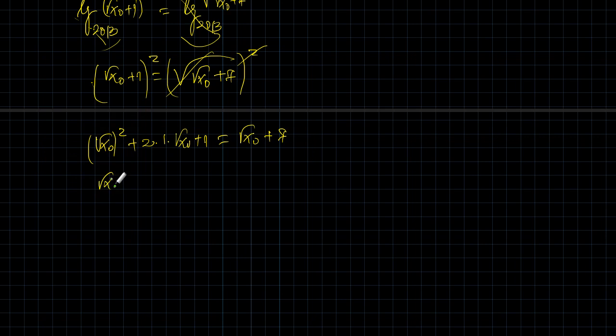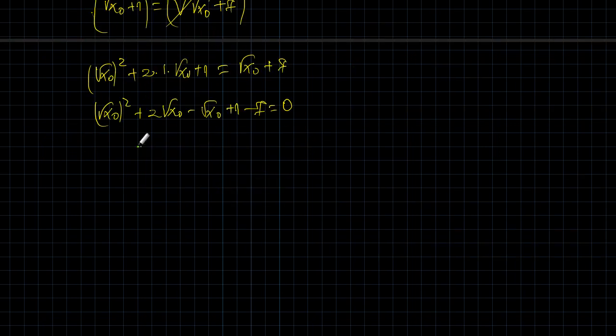Let me order this: square root of x0 squared plus 2 square root of x0 plus 1 minus square root of x0 plus 1 minus 7 equals 0. Now this is going to be square root of x0 squared plus square root of x0 minus 6 equals 0.